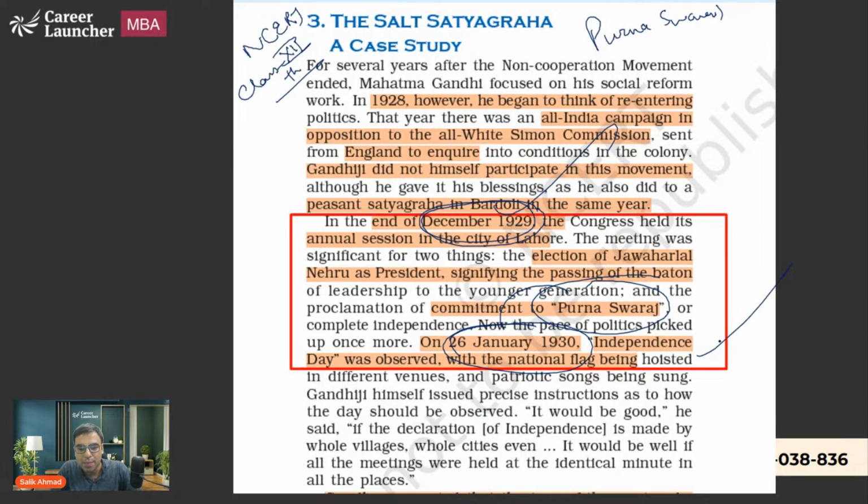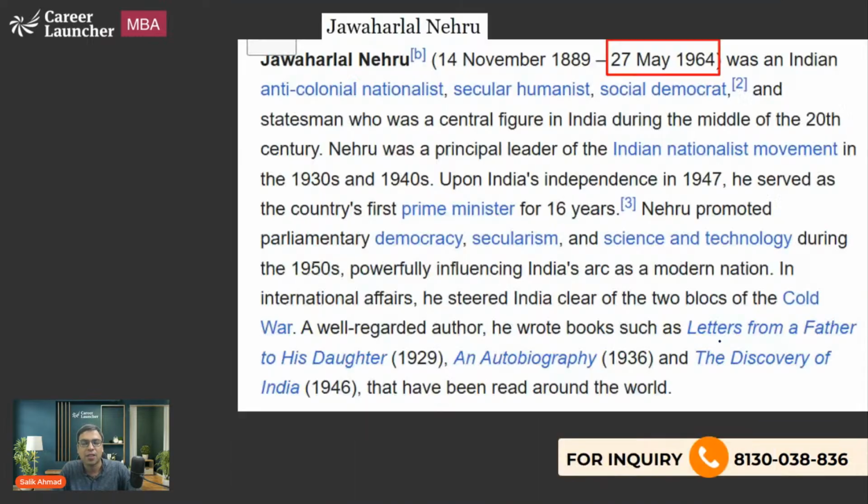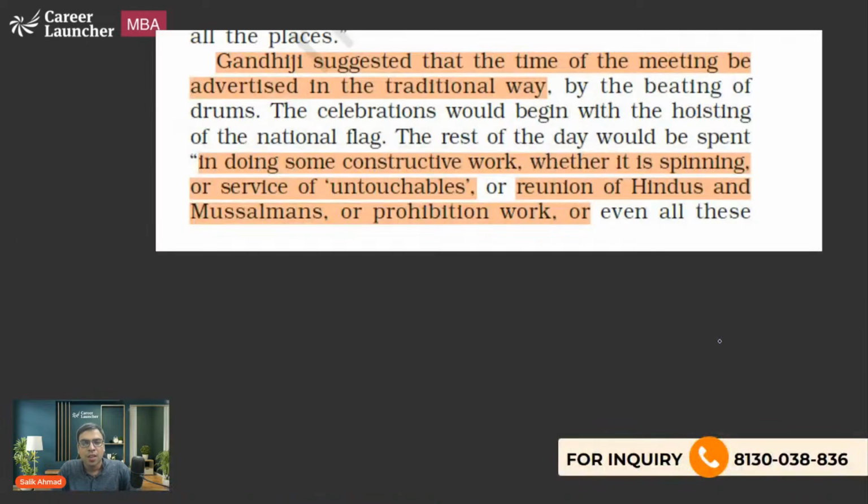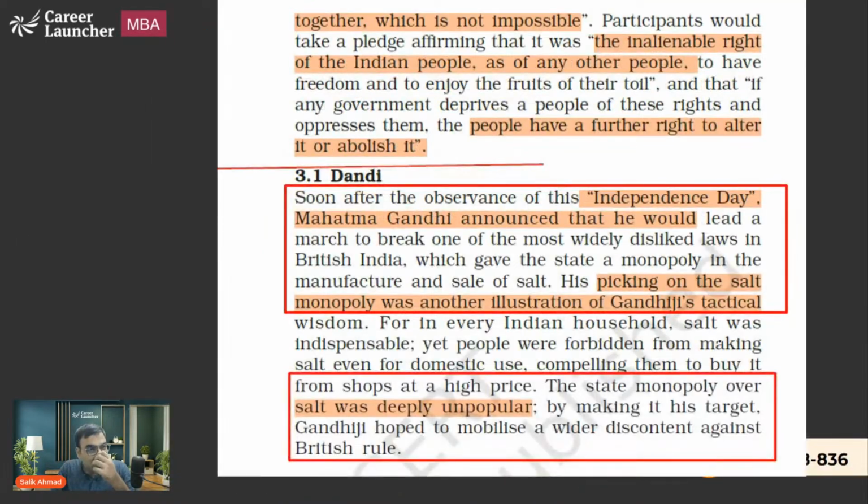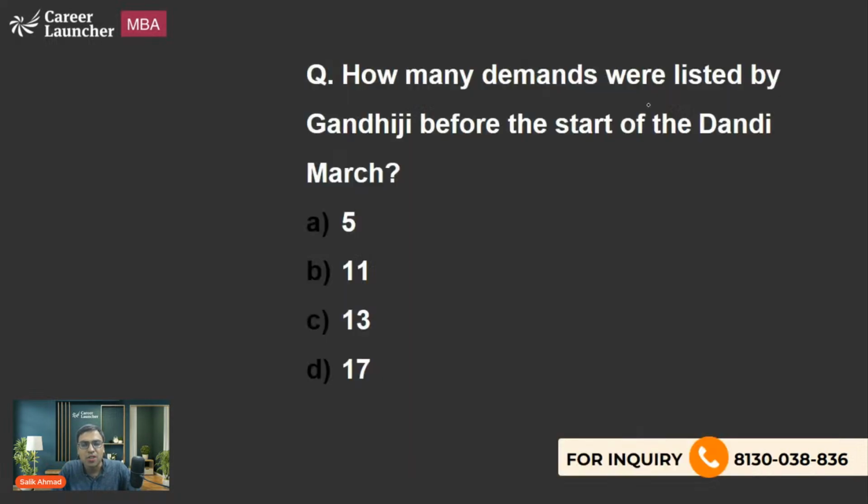Flag of independence being observed, Independence Day was being observed. And after that, what happens? We have just talked about 26 January 1930, when the Poorna Swaraj resolution was celebrated. Just after that, somewhere around March, Gandhi ji writes some demands.